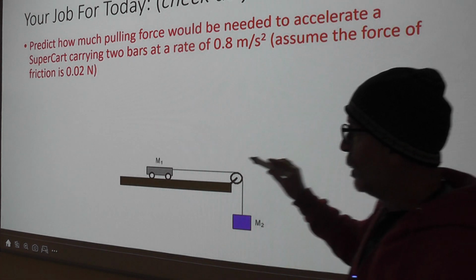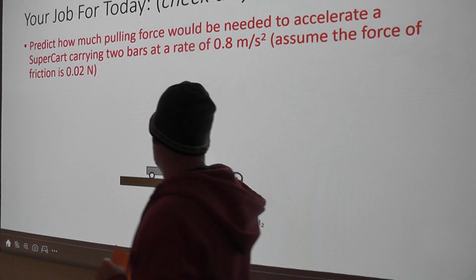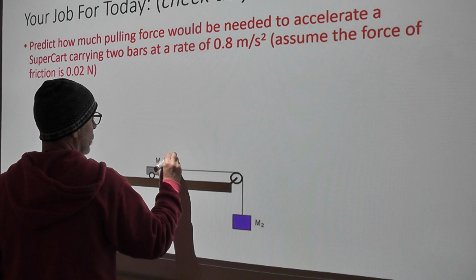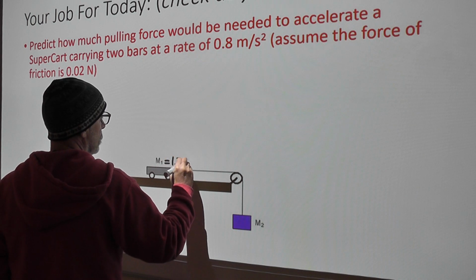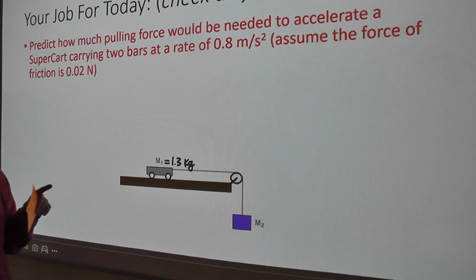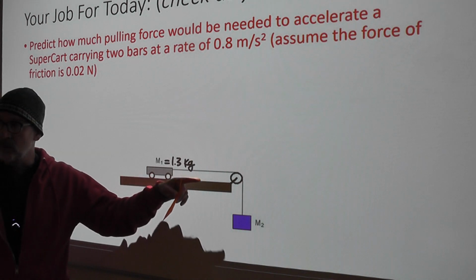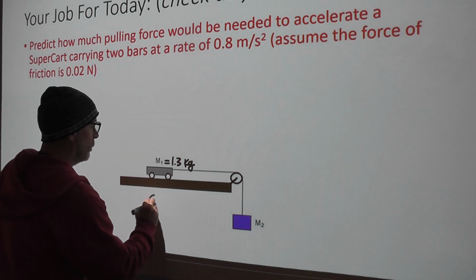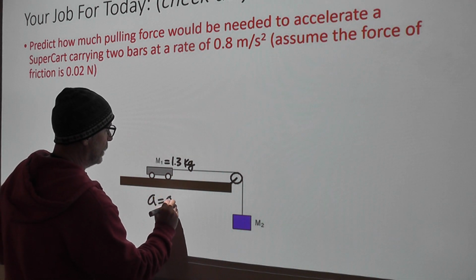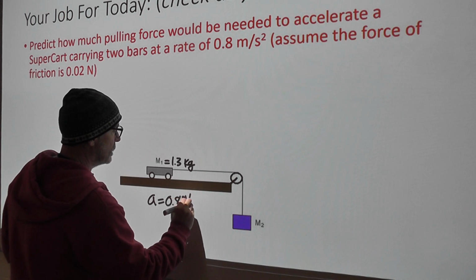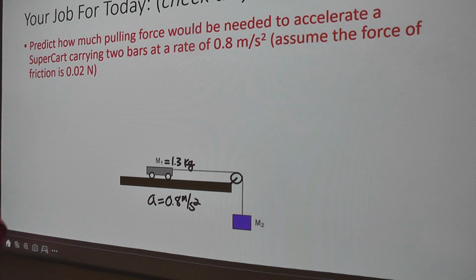So in total, this mass right here would be about 1.3 kilograms. And we want it to accelerate to the right in this drawing at a rate of about 0.8 meters per second squared. Then we want to know two things.